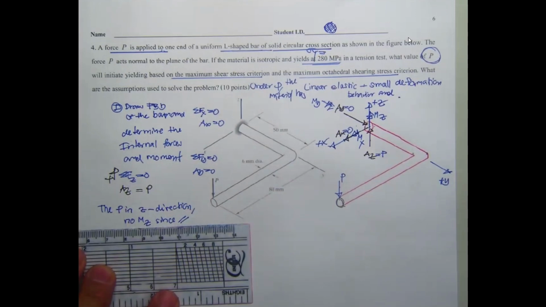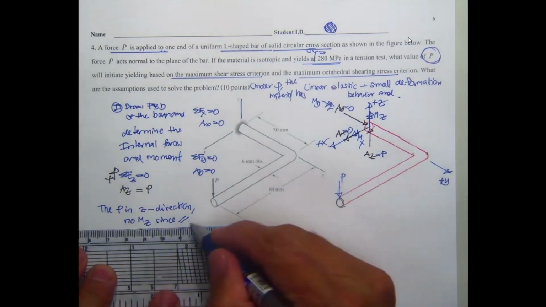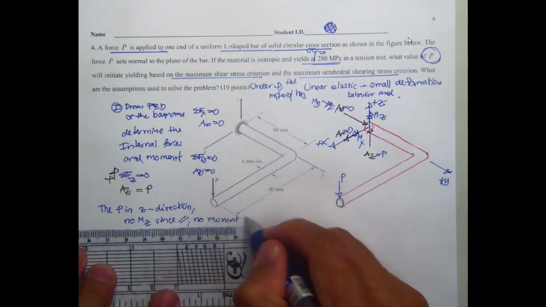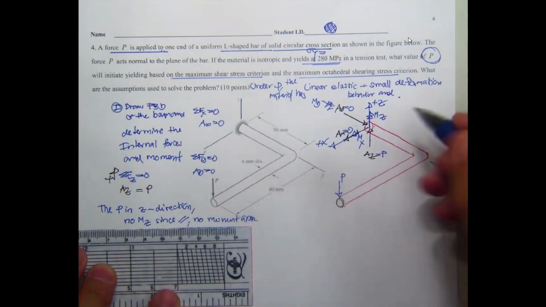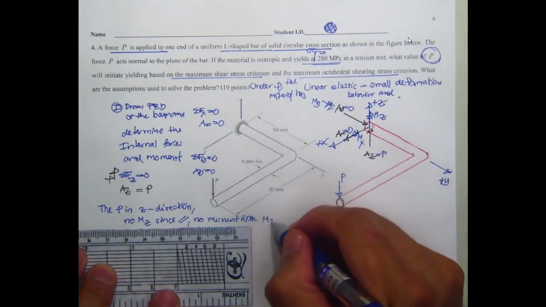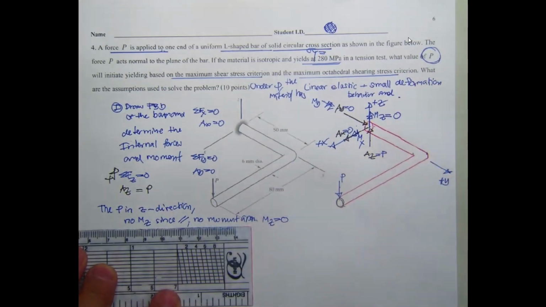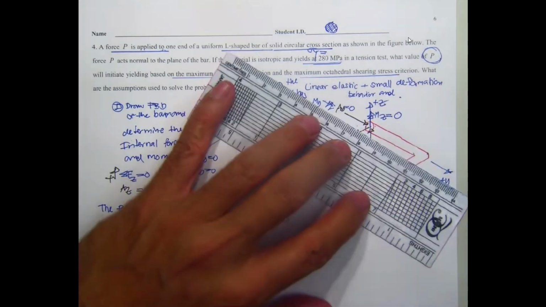Since they are parallel, there is no moment arm. So M sub C is going to be 0.